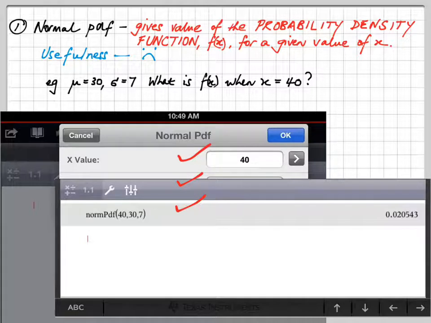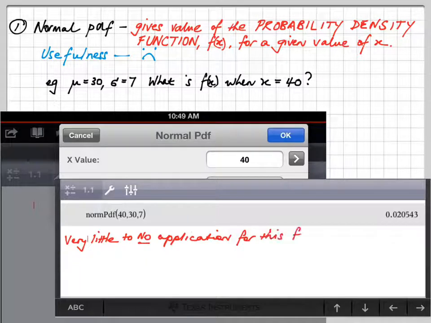I can't think of for the life of me why you'd want that, but I'm willing to be corrected, if anybody can think of a reason. But that's how you do it. Very little to no application for this feature, as far as I can see, okay?